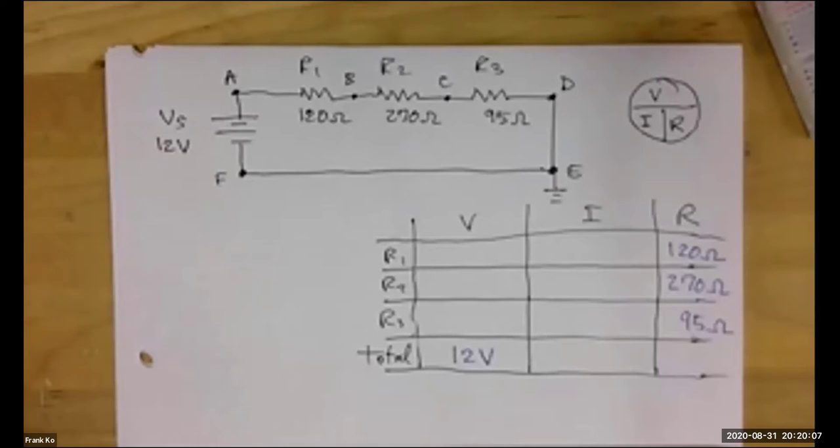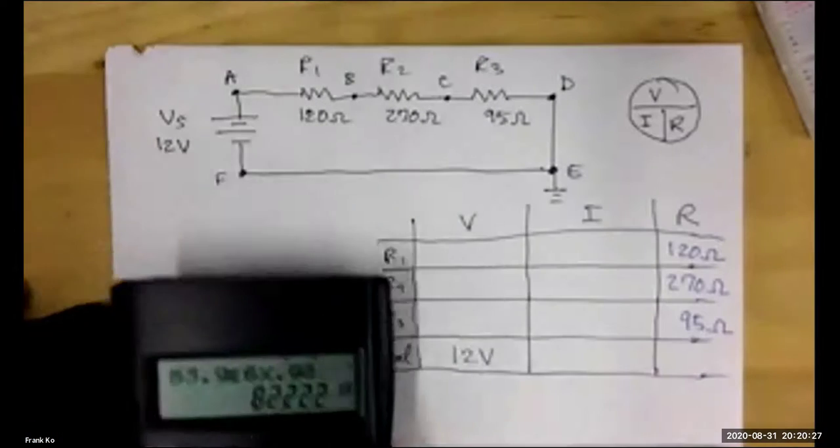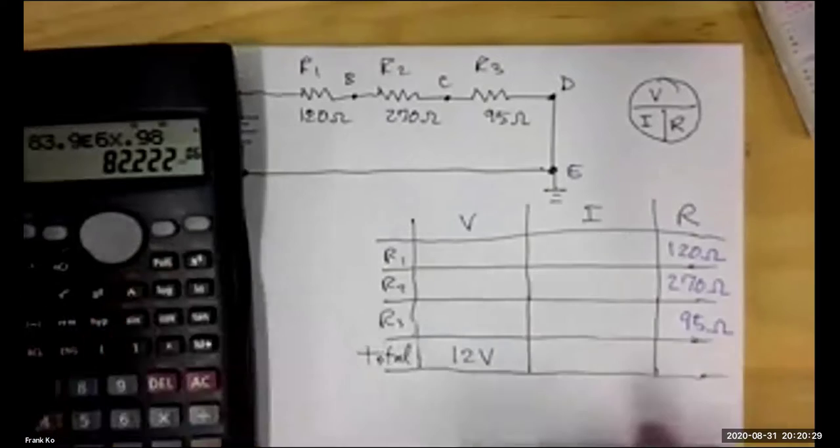How many people vote for total resistance? Because you remember in a series circuit, all the ohms add up to give you a total, right? So you can't do Ohm's law yet, but you can add the ohms together. So everybody remember that. The very first thing you would do is find total ohms.